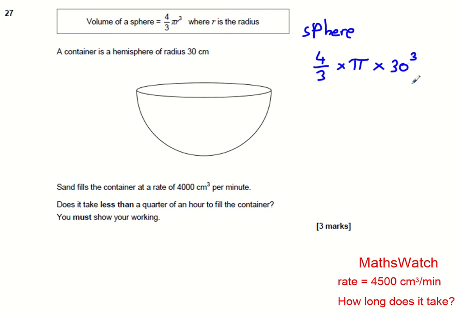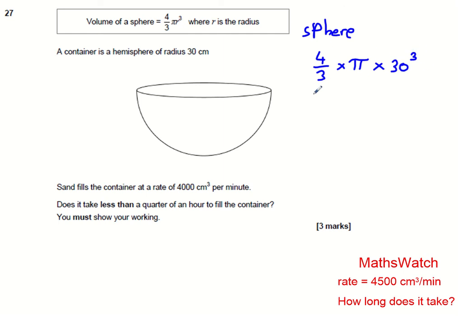Once again, that is a calculator question. You can type all of that in individually, or you can do it bit by bit and do 30 cubed, press equals. Then you can multiply it by pi. Then you can divide it by 3 and then times it by 4, and that will give you the answer.